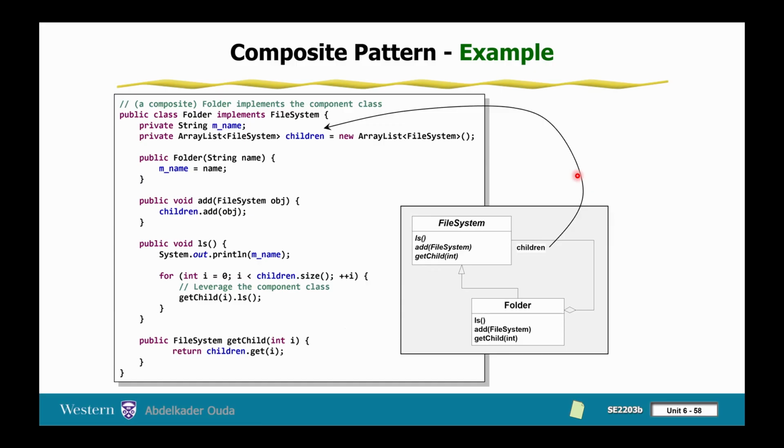Any questions? Look at that here. Do we have recursion here? We call the method ls, and this method also has the name ls. It calls itself, right? Or is it not?